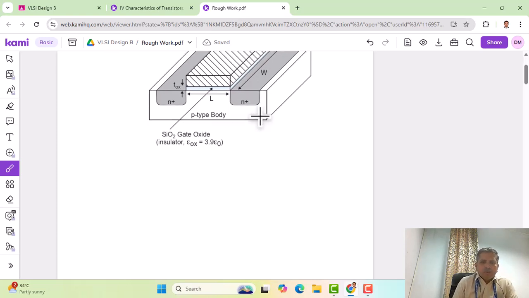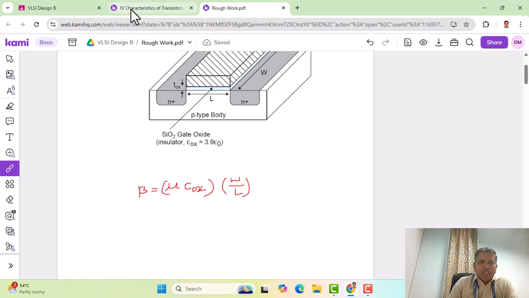Beta is made up of mu, which is mobility, and COX, which is oxide capacitance, multiplied with the width to length ratio. So this is the expression for the beta.